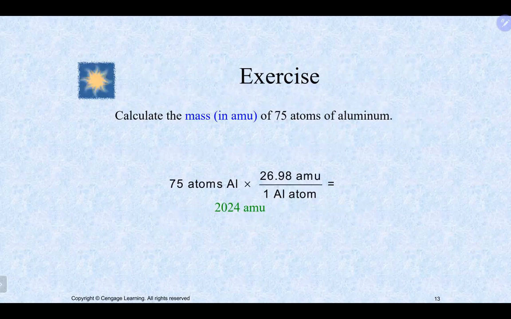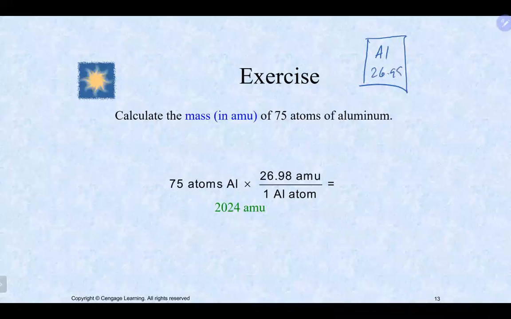Again, we could also look at the mass in AMU of 75 aluminum atoms. Once again, if we go to the periodic table and we find aluminum, underneath it, it will say 26.98.